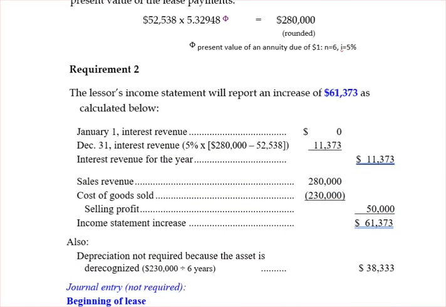The price they're selling is a present value calculation, which gives us $280,000. They told us the cost was $230,000, so we have a selling profit of $50,000 taken at the very beginning. Then we also have interest revenue. Remember, the first payment is made up front, so we only calculated on the difference.